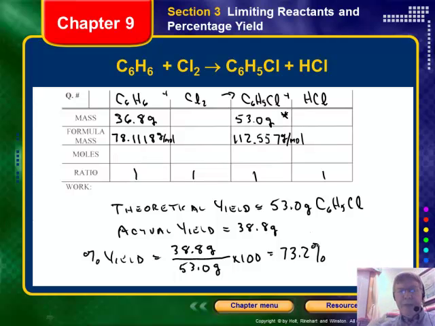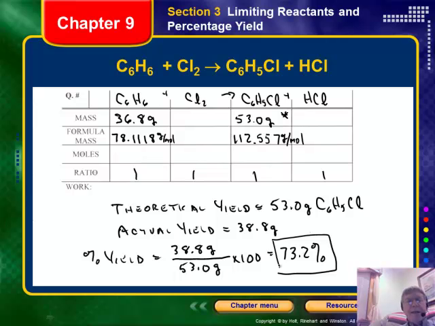Notice that that number is dimensionless. It is just 73.2%. That is the answer that we were looking for. That is our percentage yield. We're getting 73.2% of what we theoretically could get in this reaction.